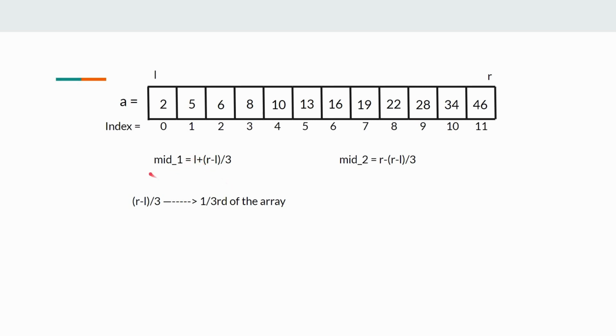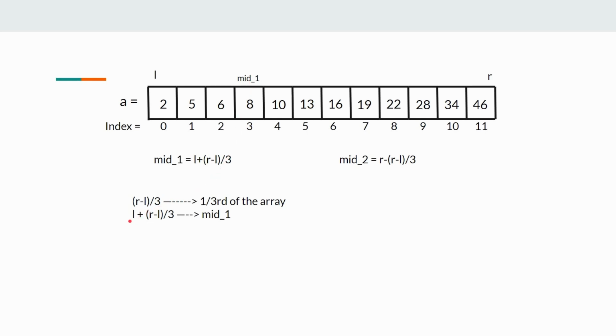To get mid1, from the left portion we take (R minus L) divided by 3. This is one third of the length of this array, or any array. And from L, we go that portion inward in the array.